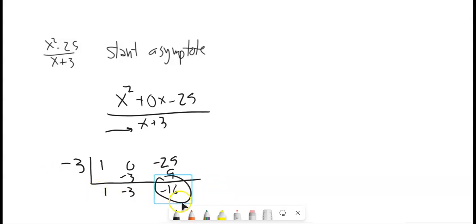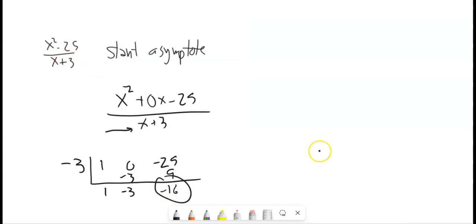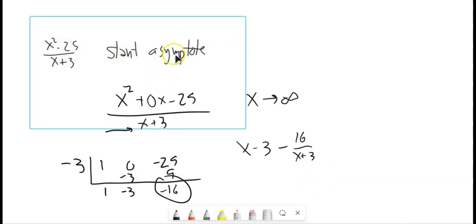So what that means is this divided by this is equivalent to x minus 3 minus 16 that is still being divided by that x plus 3. And then if you look at this, let x go to infinity. Let x get really big. Because we're talking about extreme behavior with asymptotes.